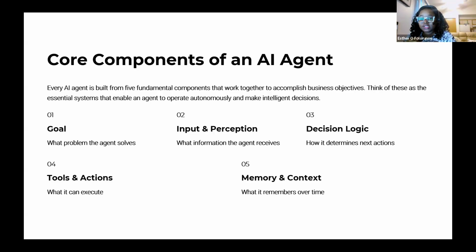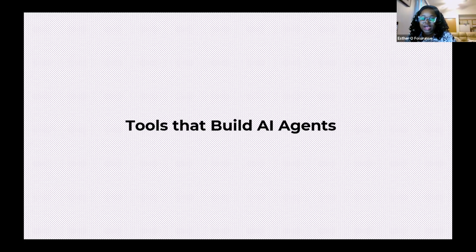But there are times, after a long while, or even in a normal chat, that ChatGPT begins to give you responses that are not aligned with what you need at that point in time. So you need to define the memory of your agent, what your agent remembers over time. These are the core components of every AI agent that we need to know.